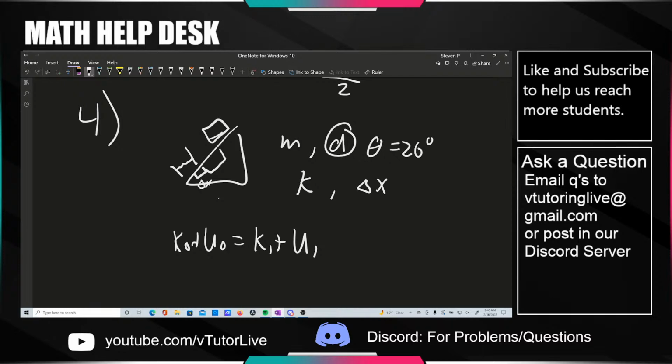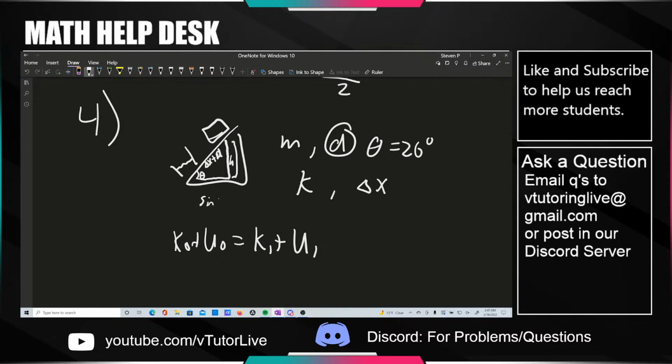Right, and they give it to us, it's 16. But the idea is we need to start looking at some trig here. You see what I mean? The idea here is that if this is a right triangle, it's going to have hypotenuse delta x plus d, and we know the angle theta. So this total distance traveled is delta x plus d, and what I'm trying to find here is the height h.